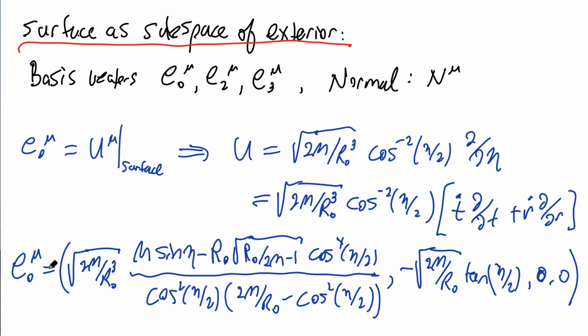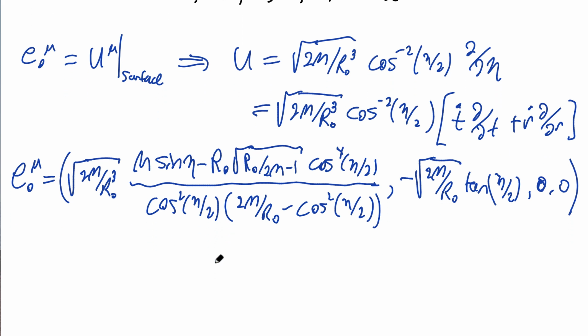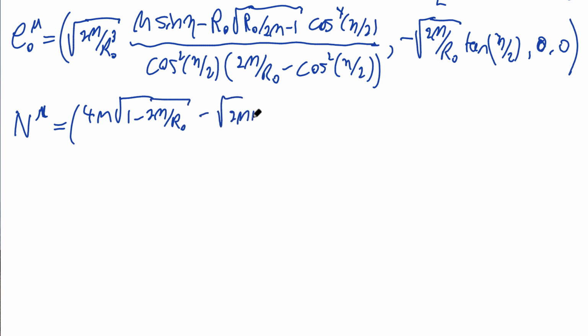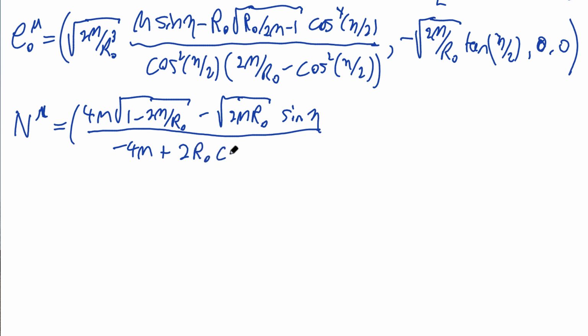This vector is orthogonal to E0 and it's normalized, and that completely determines the vector to be the following. n^μ is equal to 4m times the square root of 1 minus 2m over r0 minus the square root of 2m times r0 times the sine of eta, all of that divided by minus 4m plus 2r0 times cosine squared of eta over 2.